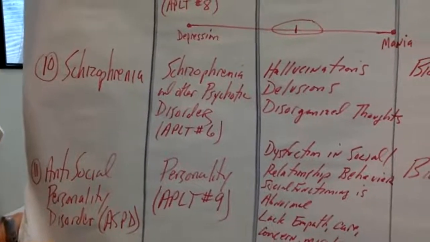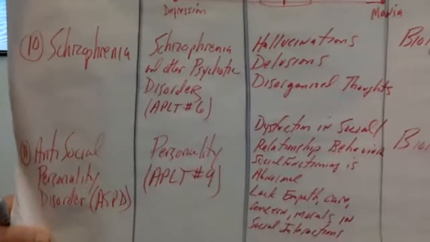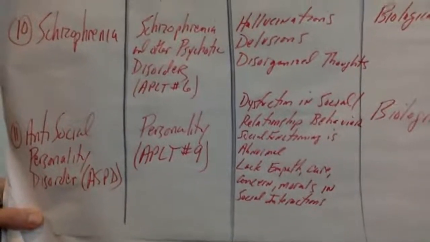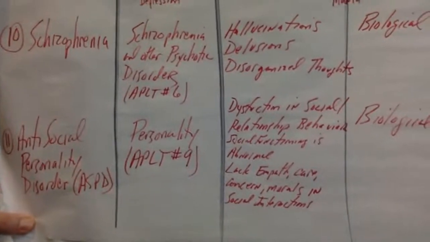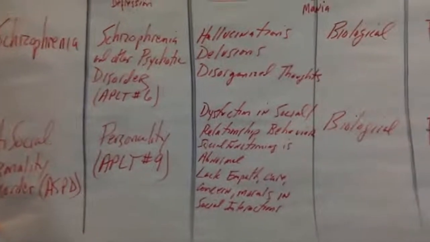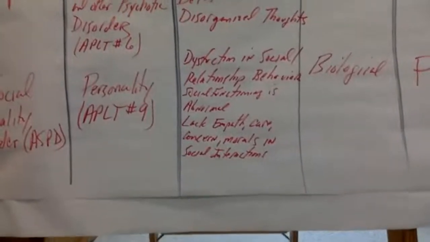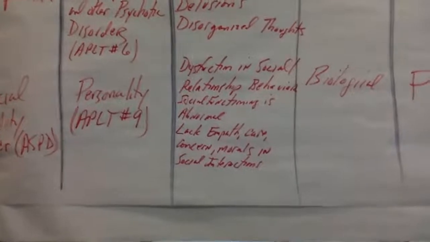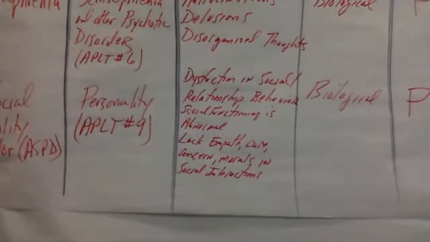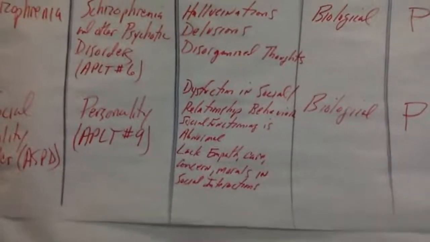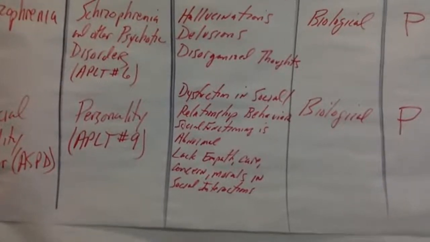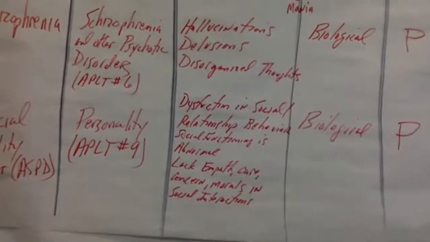Okay, number 11. It's personality. Learning target number 9. Then I give you the specifics for antisocial personality, but also just for personality disorders that have marked dysfunction in social relationship behavior. Social functioning is abnormal.